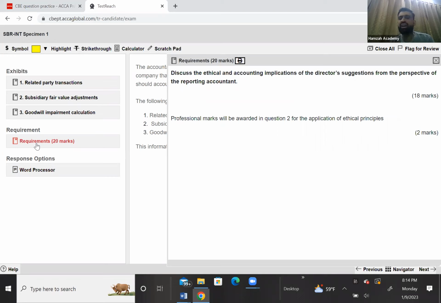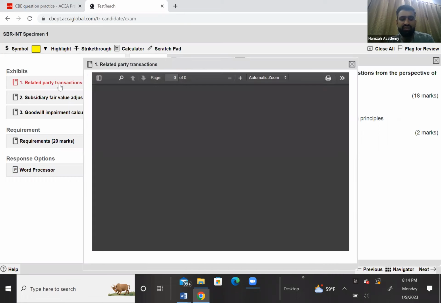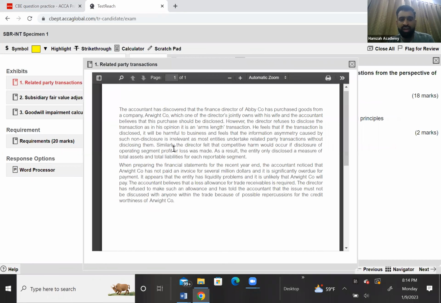Discuss the ethical and accounting implication of the director's suggestion from the perspective of reporting accountant. 18 marks.